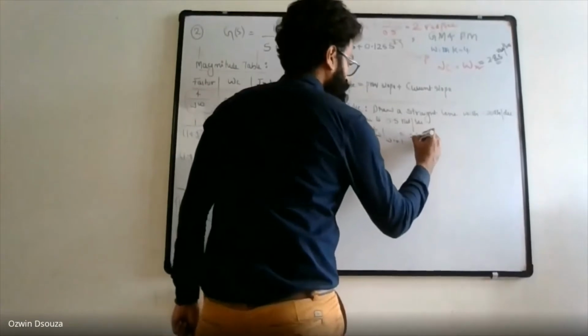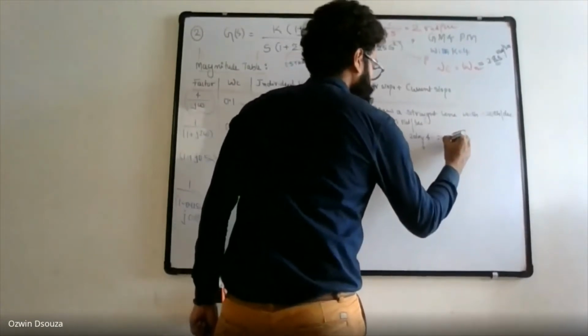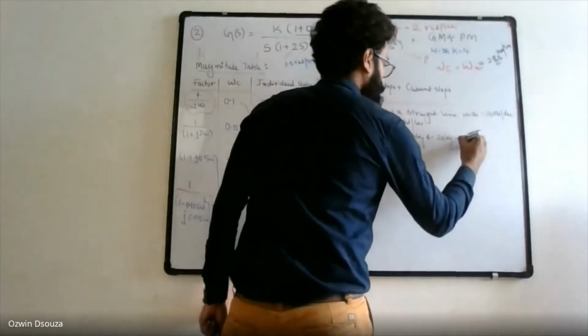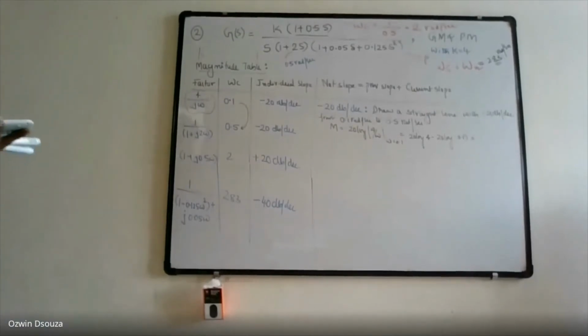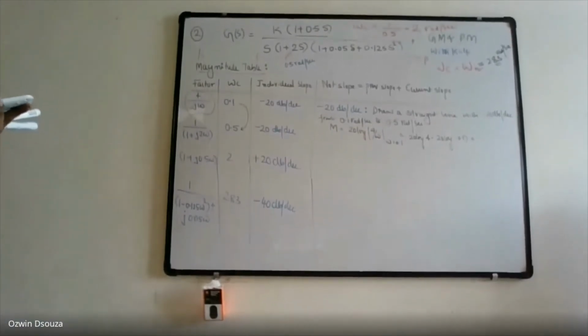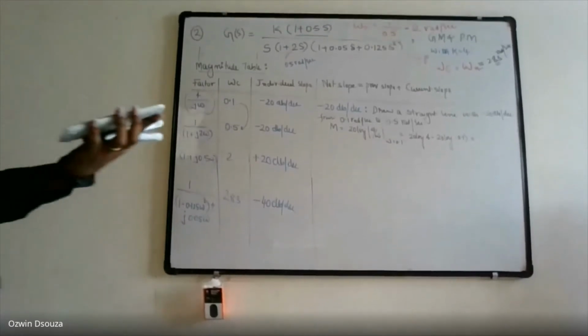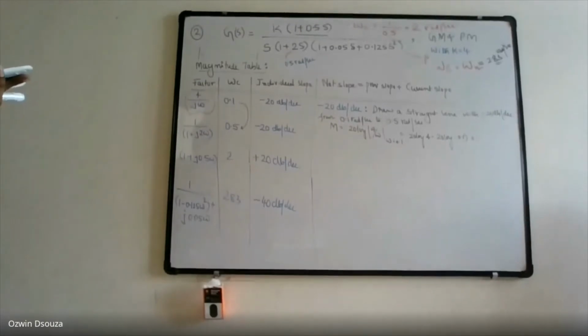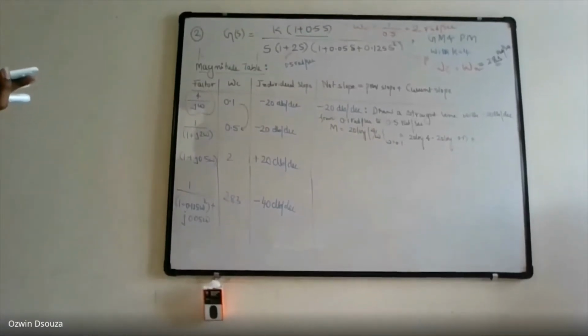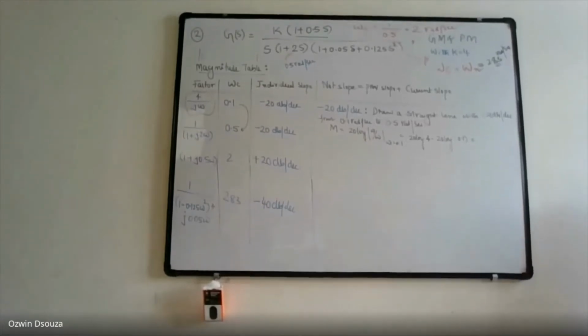So that is 20 log 4 minus 20 log 0.1. 20 log 4 is 12 decibels, minus 20 log 0.1, so it's about 32 decibels.